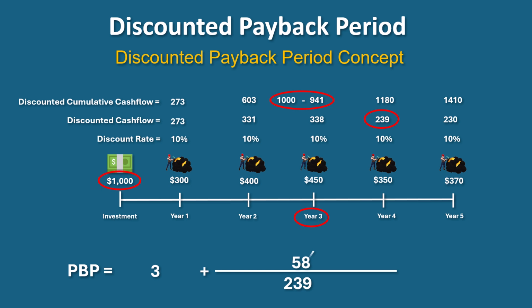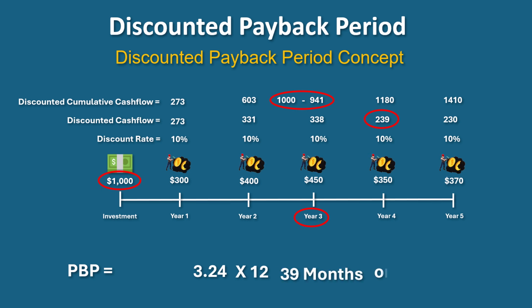So 58 divided by 239 equals approximately 0.24. Then year 3 plus 0.24 equals 3.24 years. Multiply 3.24 by 12 months gives approximately 3 years and 3 months. So the discounted payback period is 3 years and 3 months.